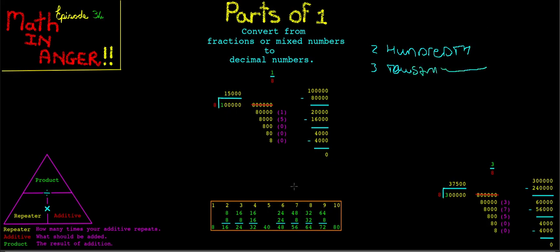Take a look at what I'm doing here. I'm actually calculating all the way up to the tenths, the hundredths, the thousandths, 10,000ths, 100,000ths. So I'm going way beyond that. I'm going 2 decimal places further than they're going to ask you for.